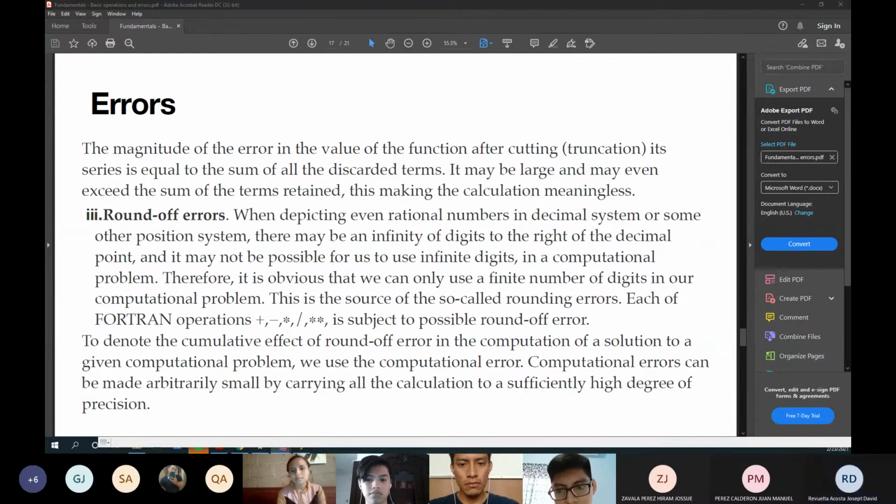Navarrete? No, because Navarrete used more decimal digits. Galmici is the one that is going to have more errors, because Galmici said that pi is equal to 3.14. Montoya said, okay, I'm going to use 3.1416. But Navarrete said 3.141592.